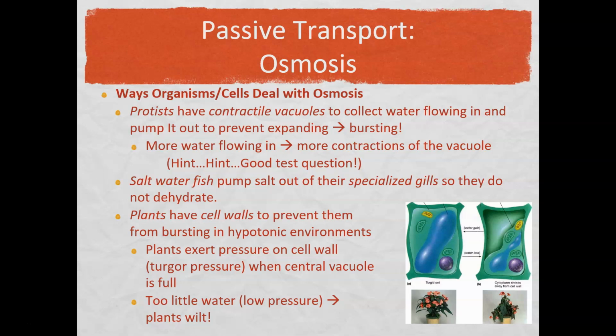And it's actually a good thing for your plants because remember, your plants don't have a skeletal system. So in order for them to be able to stand up nice and tall, that turgor pressure is actually necessary for them. So having a little extra water and a little extra pressure in their cells allows them to stand up. Now, if you forget to water your plant for a few days, what ends up happening? It's sort of losing water. Plant starts to wilt, starts to fall over because it doesn't have enough turgor pressure to actually stand up and have that structure.